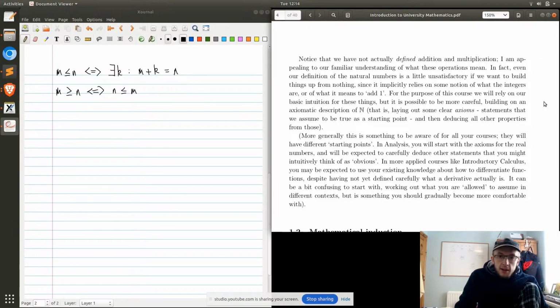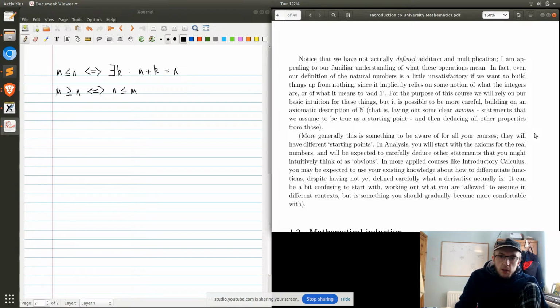More generally, this is something to be aware of for all of your courses. They will have different starting points. In analysis, you will start with the axioms for the real numbers and will be expected to carefully deduce other statements that you might intuitively think of as obvious.